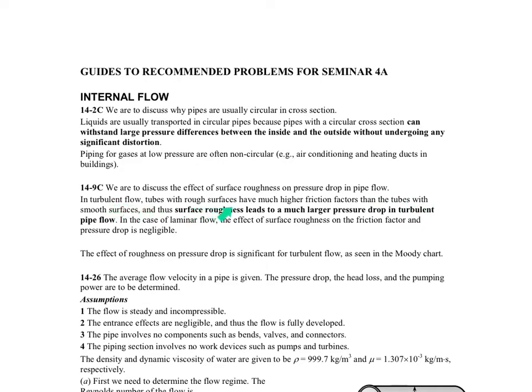Thus, surface roughness leads to a larger pressure drop in turbulent flow. However, it's very significant to remember that in the case of laminar flow, the effect of surface roughness on the friction factor and pressure drop is negligible.